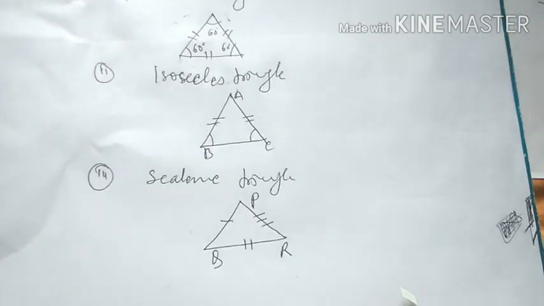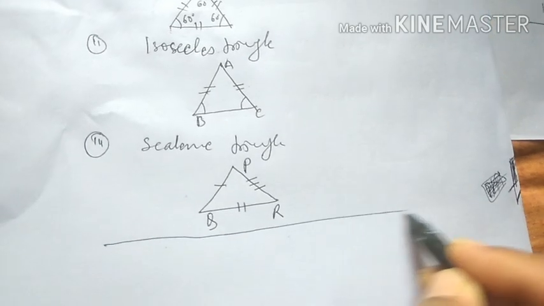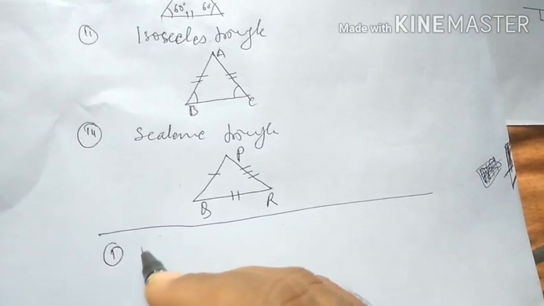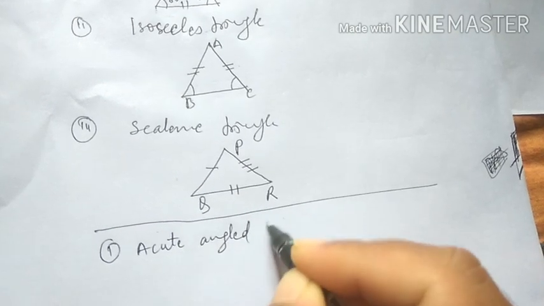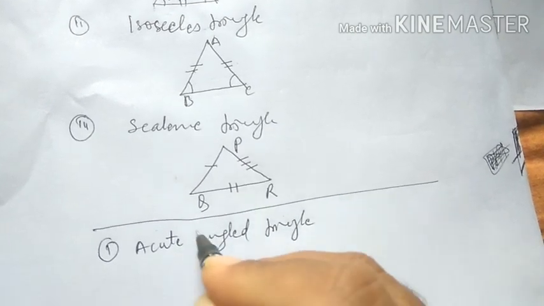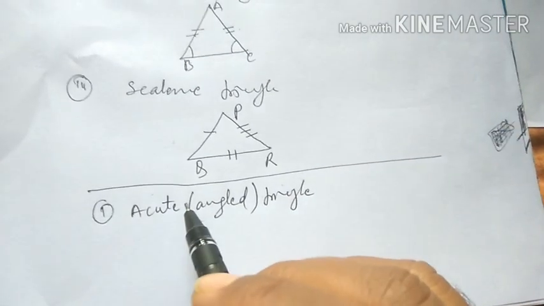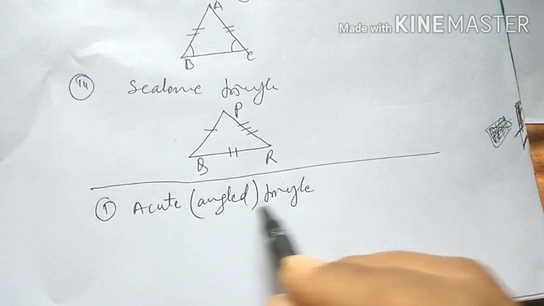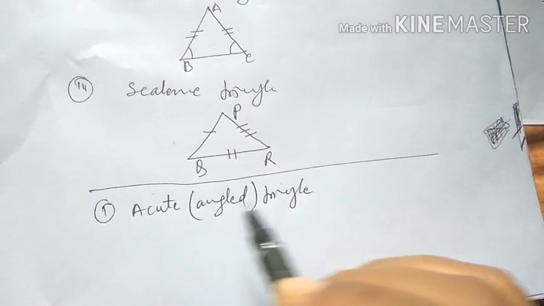Okay. Now on the basis of angles, there are three types of triangle. First is the acute angled triangle, or simply acute triangle. In British English it is called acute angled triangle, and in American style it is acute triangle.